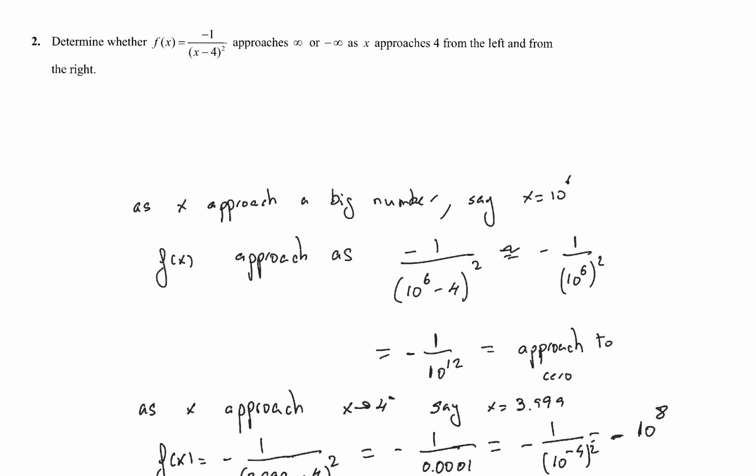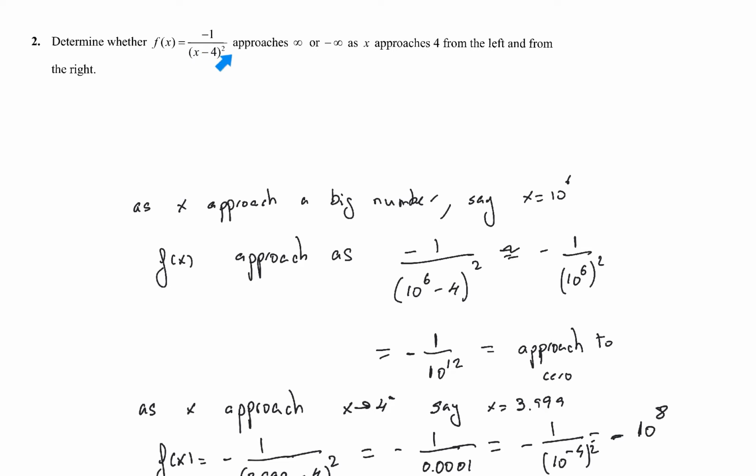It is something similar. Determine whether the function minus 1 divided by x minus 4 squared approaches infinity or minus infinity as x approaches 4. As x approaches 4, from the right or from the left, this quantity will always be positive because it's a square.